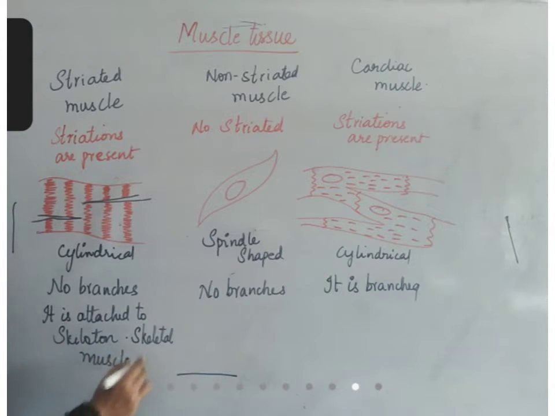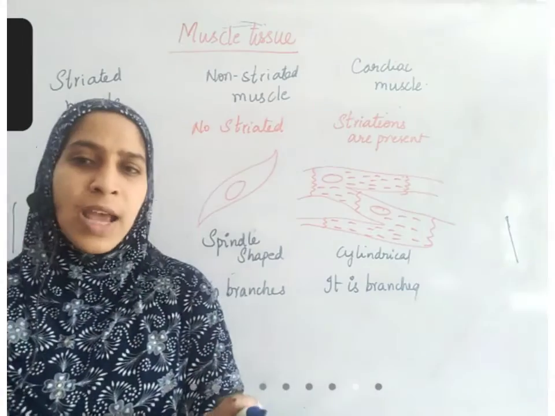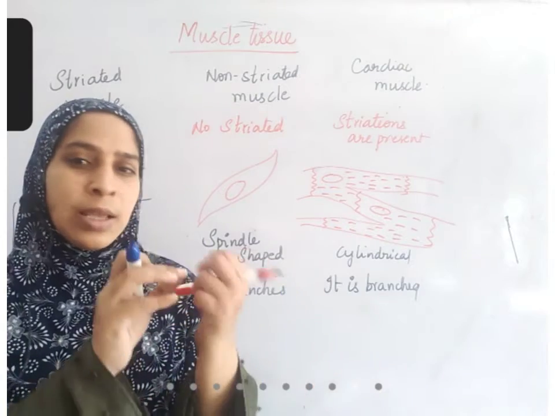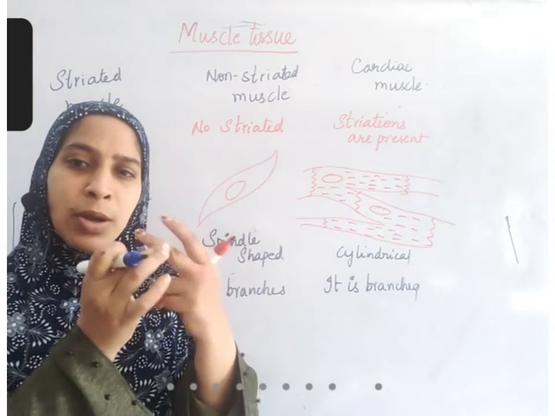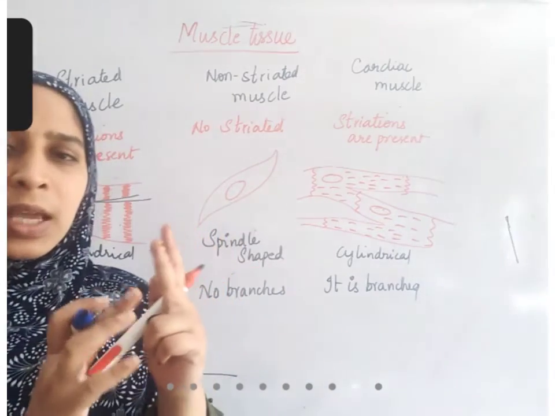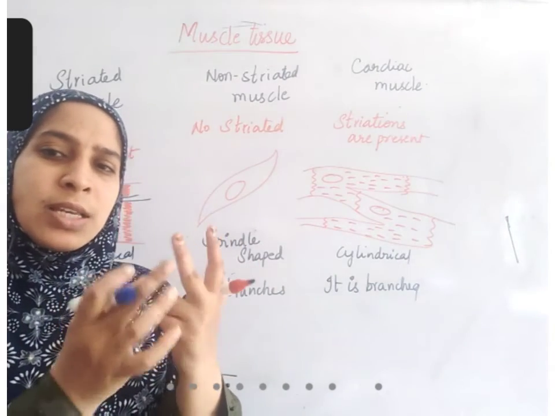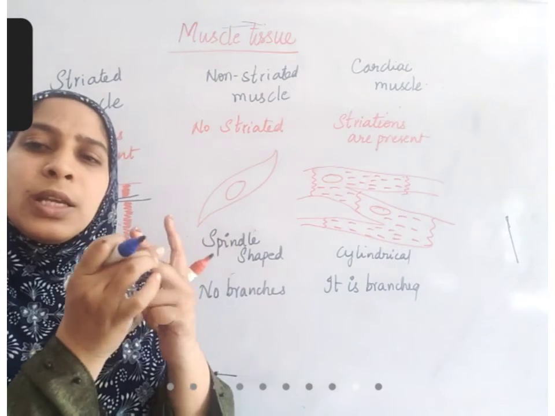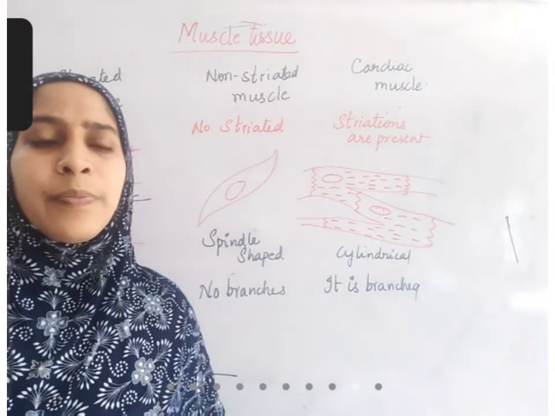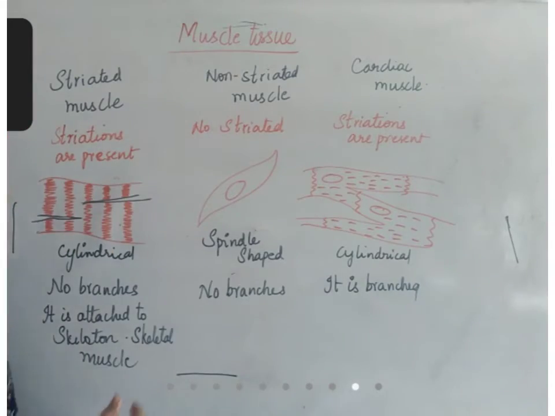So wherever we have bones, the hand has a skeleton, so this muscle is skeletal muscle. Your fingers have a small amount of muscle. Anything we are able to move, definitely there is muscle. Here this muscle is attached to bone, so this type of muscle is skeletal muscle.